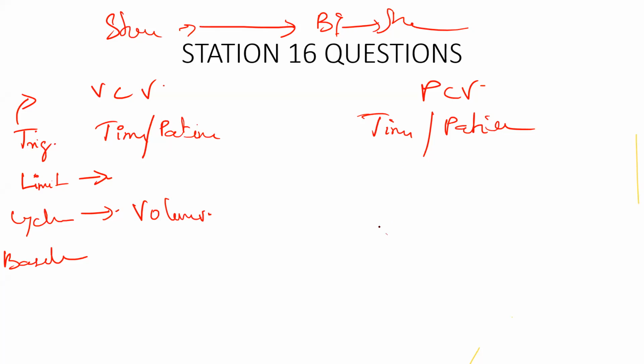What is the cycling in pressure control ventilation? It is the time. It is the inspiratory time, which is the major factor for cycling from inspiration to expiration. Right? What is baseline?